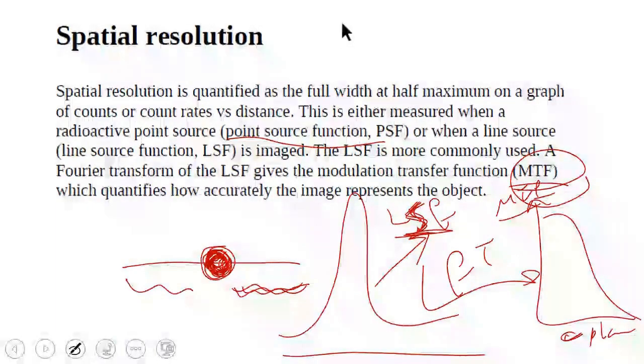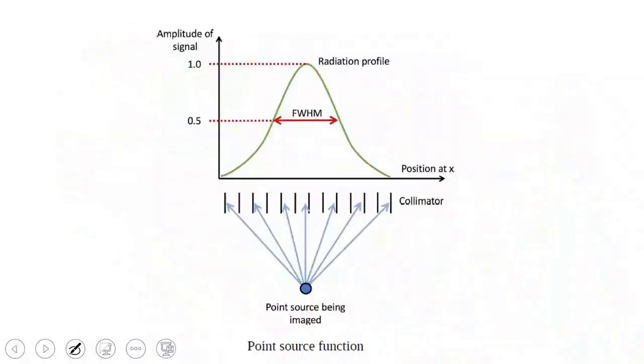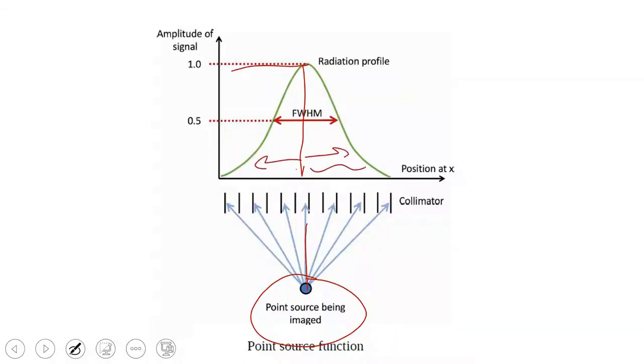For example, if you have a point source like this and you are imaging it, the area at the center where the point source is should have the highest activity for you, right? That's why it takes this peak. But if I move to the right side or left side, why does your curve not appear like this?